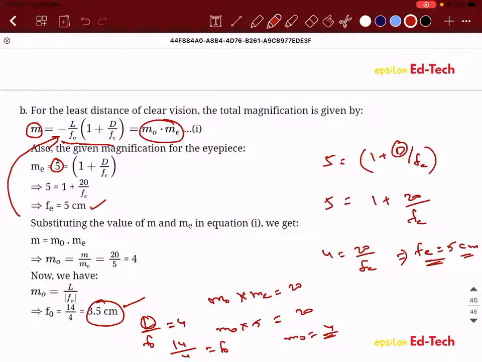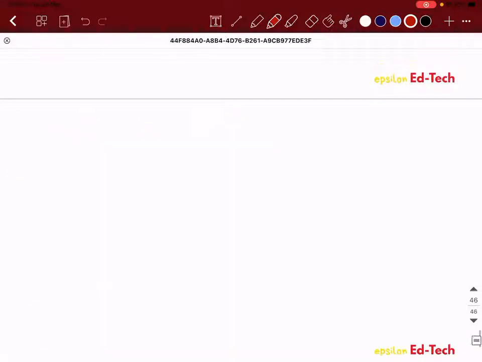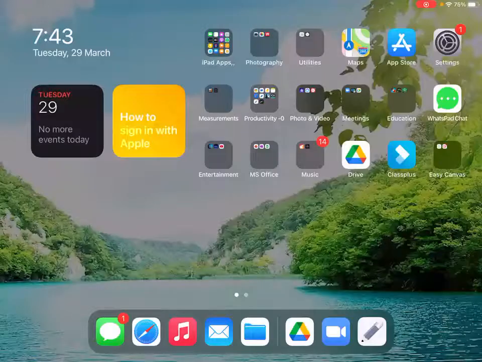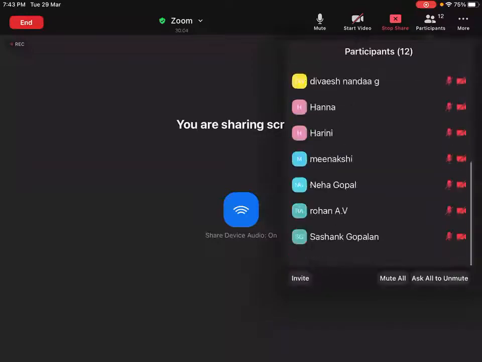Okay. Is there anyone who is not comfortable with the formula of a compound microscope with whatever I explained now? Is there anyone who is not clear with what I explained now?